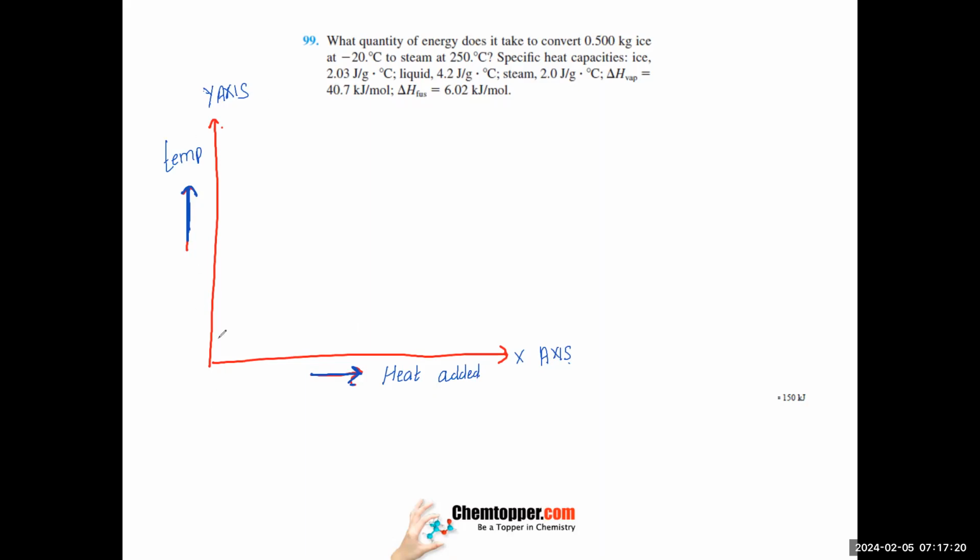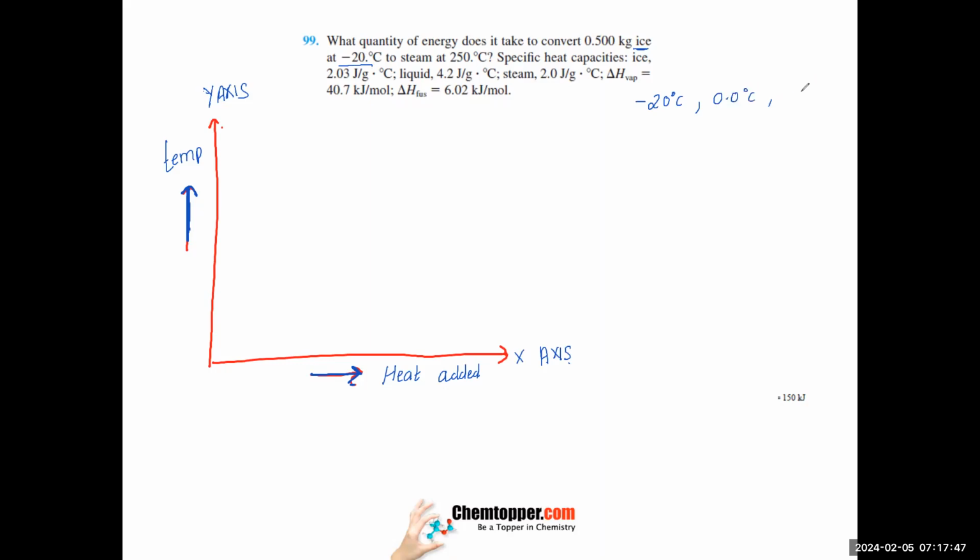Mark the important temperature points. It is ice. Do you know the melting point of ice? So one temperature is this, which they have mentioned here, -20 degrees Celsius. Another important temperature is the melting point of ice, 0 degrees Celsius.